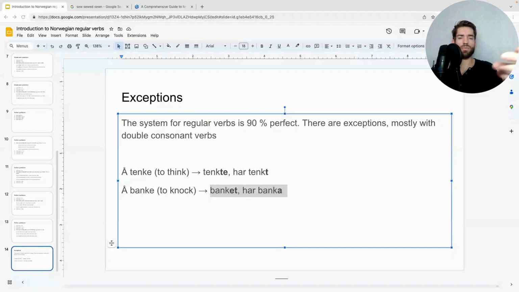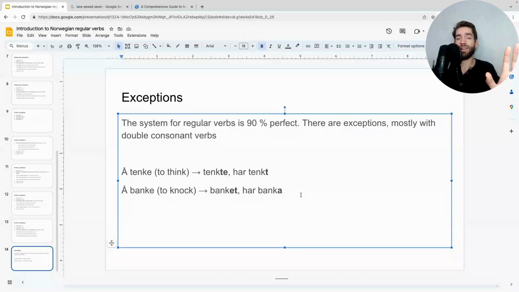So isn't that strange that we have two consonants here, but we still apply the te suffix? I guess it's a little bit strange, especially when we also have a banke, which becomes banket. So this is in the second category, and this is in the first category. So that's a little bit strange, I guess. But applying the system will make you conjugate the verbs correctly in most cases, okay?